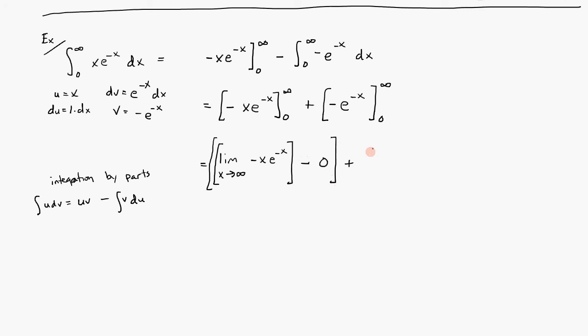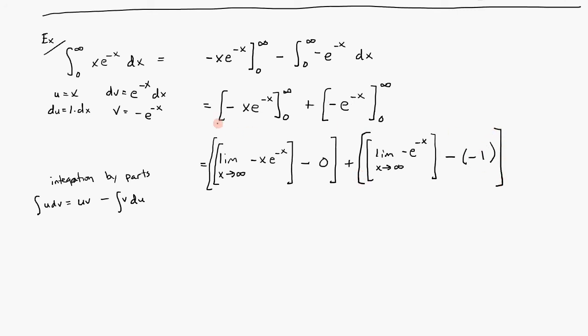And then in this part, again, at infinity, we have to compute that as a limit. So that's the limit as x goes to infinity of minus e to the minus x. Then minus, when we plug in 0, e to the 0 is equal to 1. But then there's a minus on here, so that's minus 1. So that's the second part here.